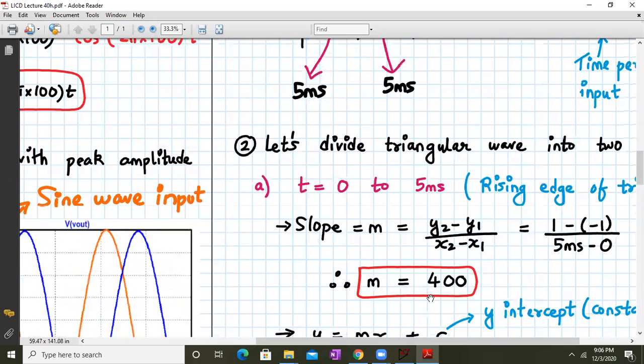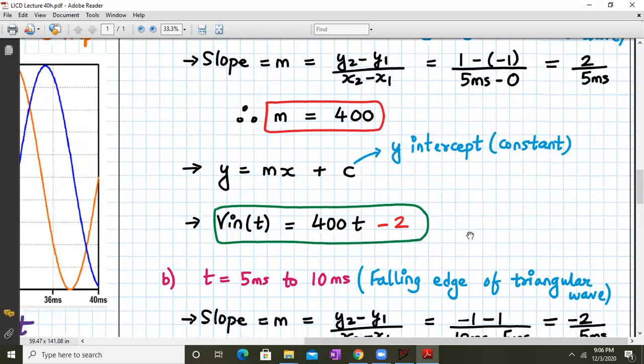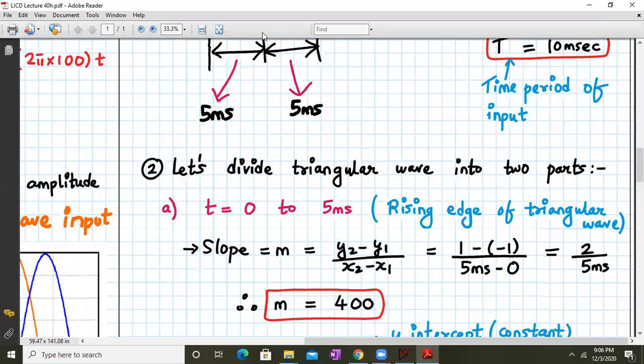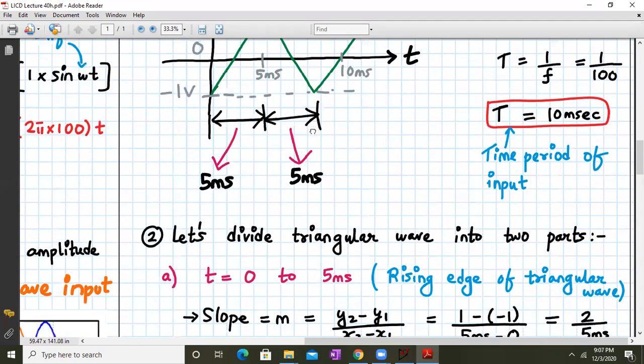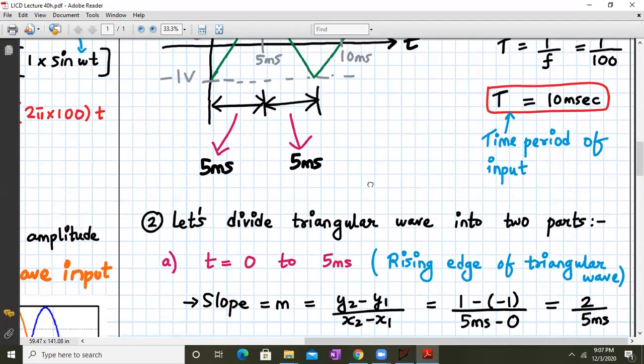So y is equal to mx plus c, where m we have calculated, it is 400. C is actually, sorry, I said plus 2, it's actually minus 2. If you shift this down, you will get a minus 2 y-intercept. Okay, I hope that this point is clear.